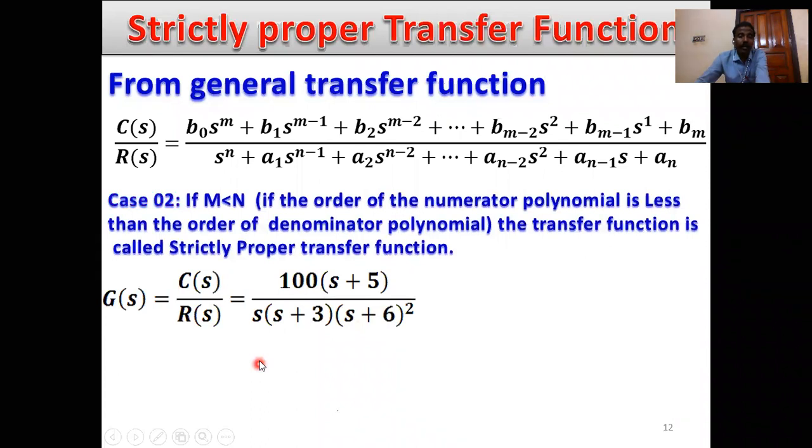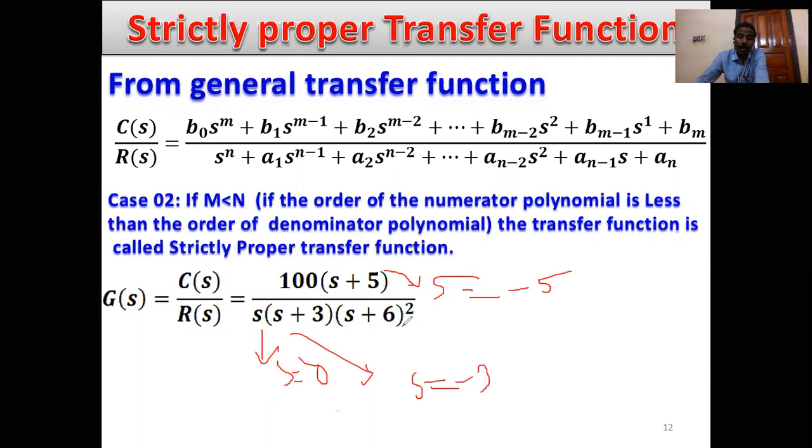And this is an example of a strictly proper transfer function. In this case, there is only one zero, at s equal to minus 5. And there is one pole at s equal to 0, another pole at s equal to minus 3, and s equal to minus 6 repeated, multiple poles.